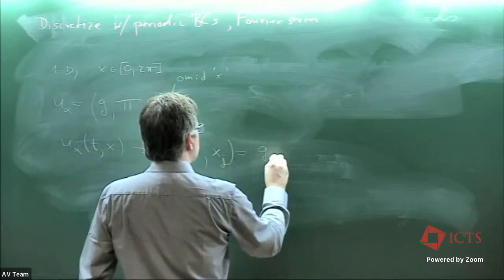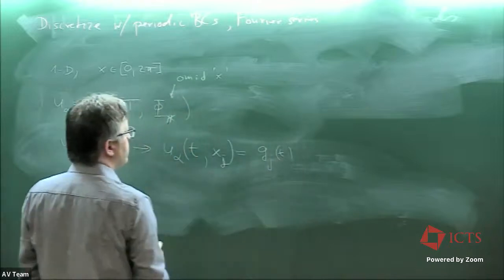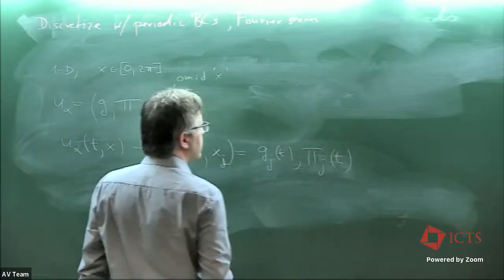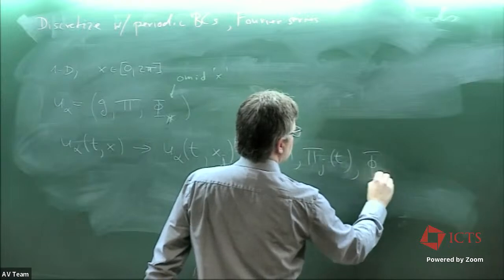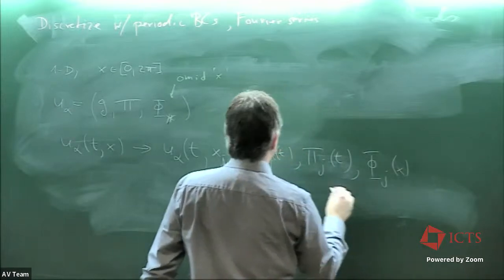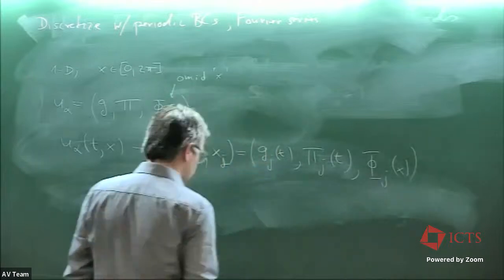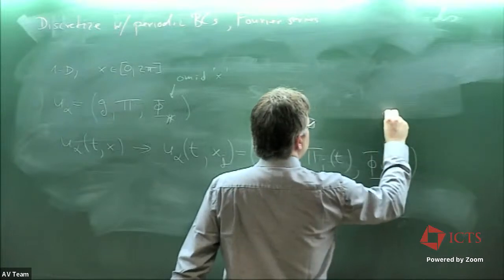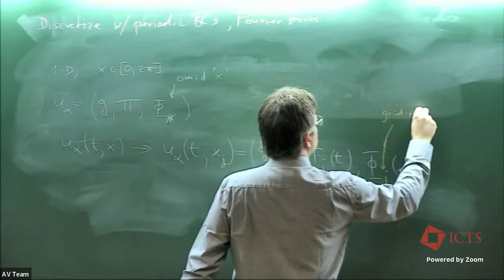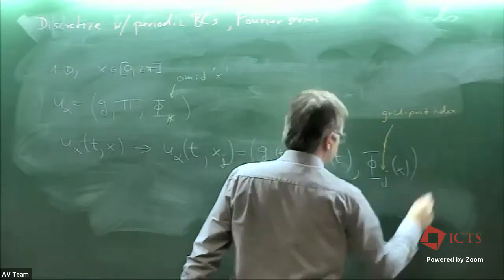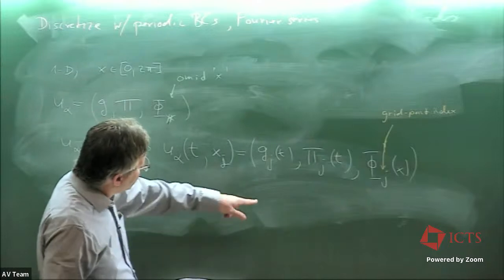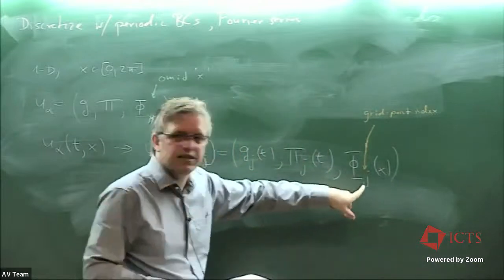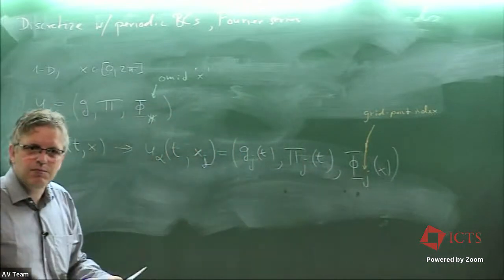This is going to be g_j as a function of time, pi_j as a function of time, and phi_j as a function of time. And this j here is a grid point index. If we were in 3 dimensions and we still had a spatial index for phi as well, then we would have 2 indices and would have to be very careful not to mix them up with each other.